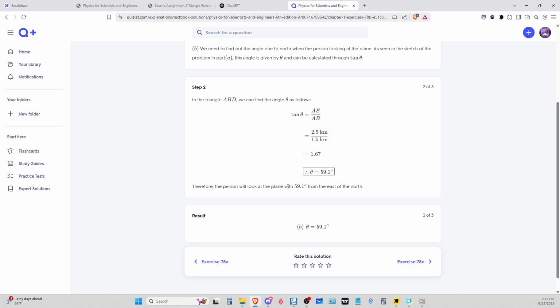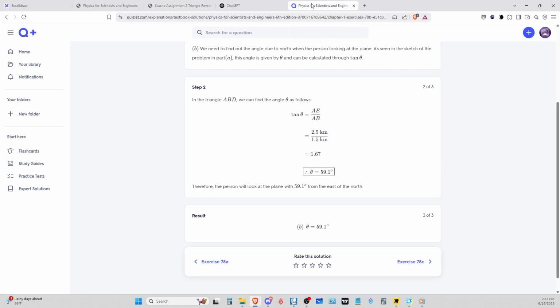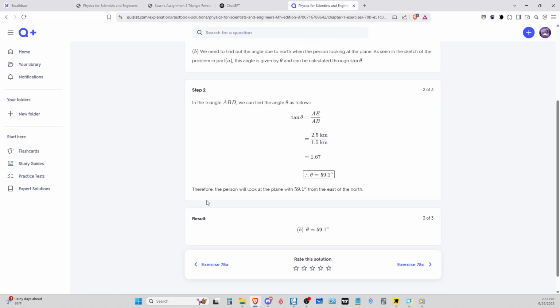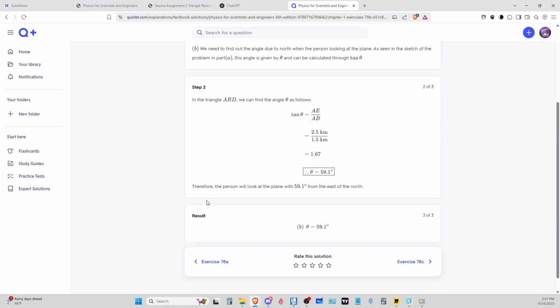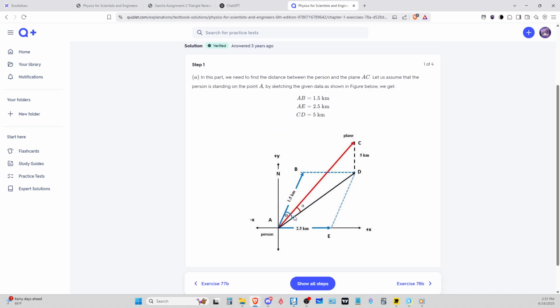Let's see, therefore the person is looking from east to north. So it has to be in this direction, from east to north.